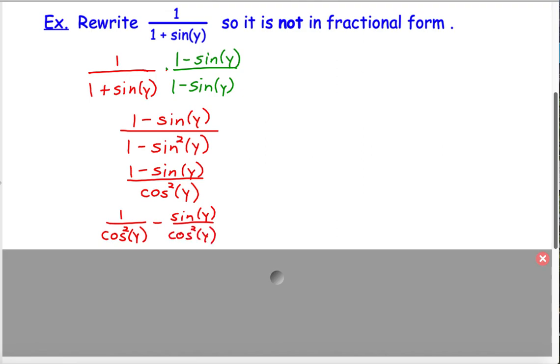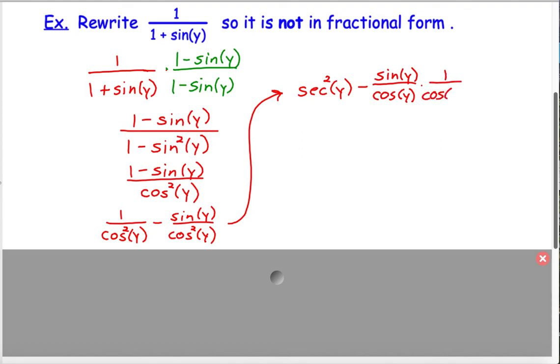All right, so let's take that first fraction. 1 over cosine squared is secant squared. No more fraction. That's good. Now what about the second one? I have a sine over a cosine squared. Maybe if I split that up, a sine of y over cosine y times 1 over another cosine of y, that's equivalent to the fraction sine over cosine squared.